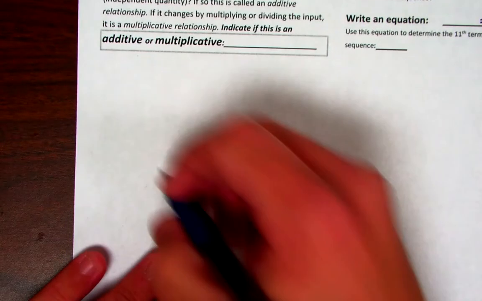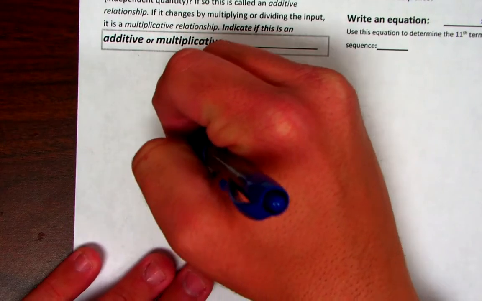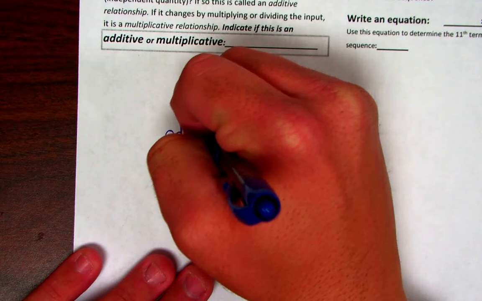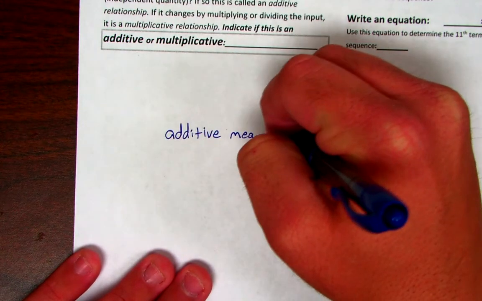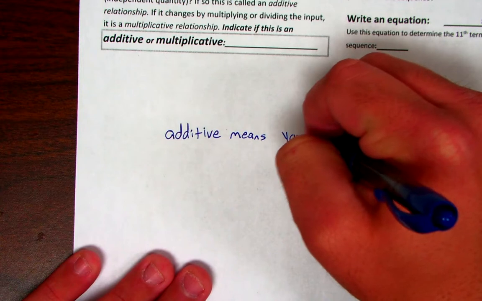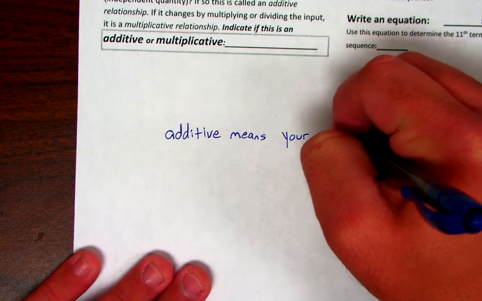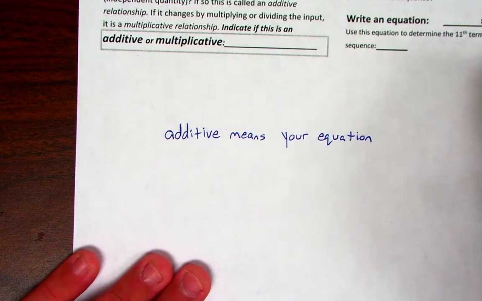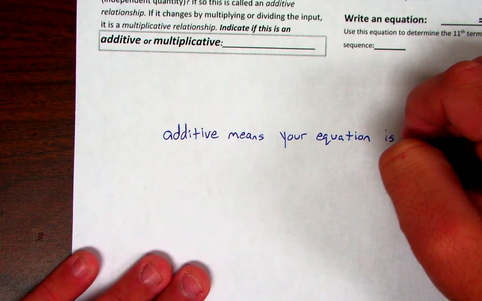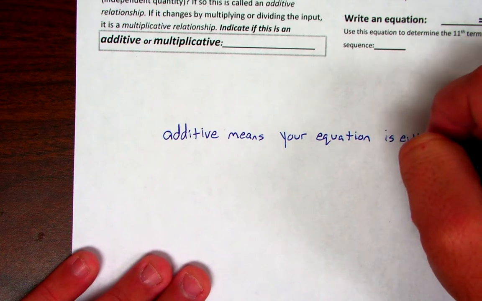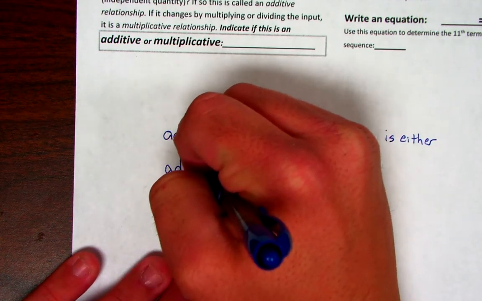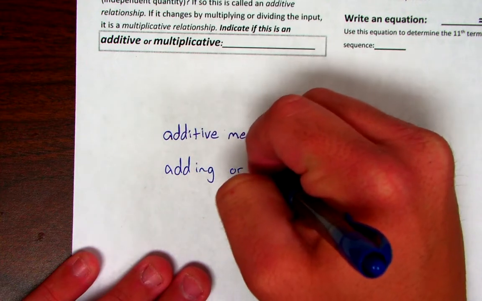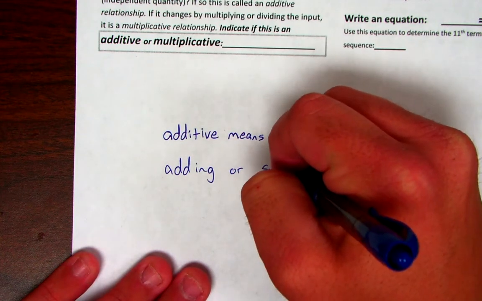So additive means your equation is either adding or subtracting.